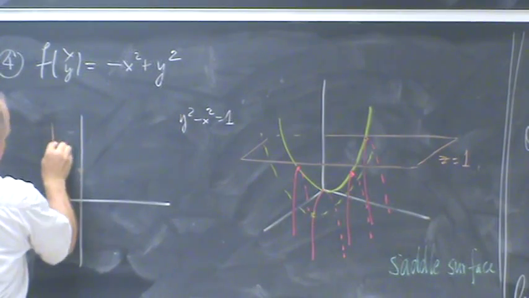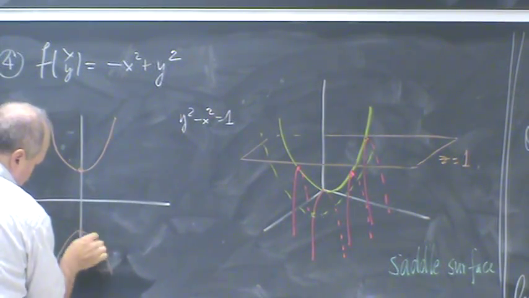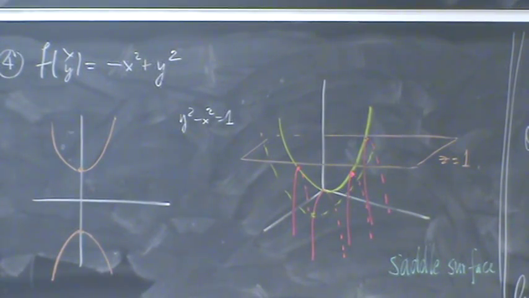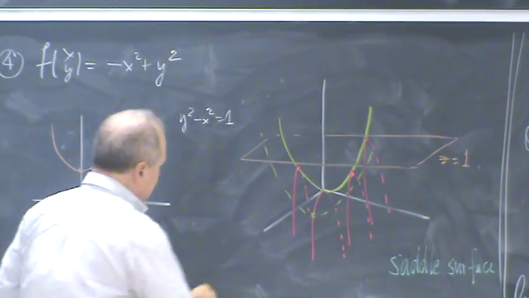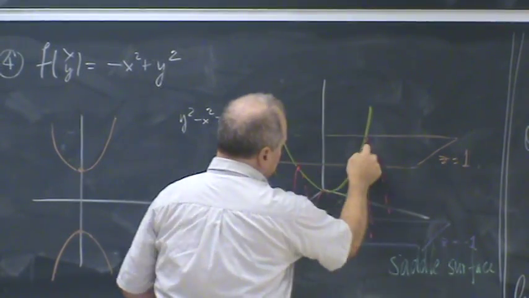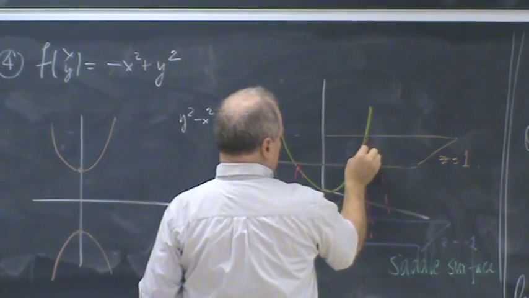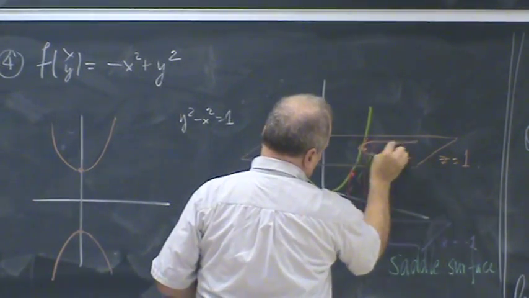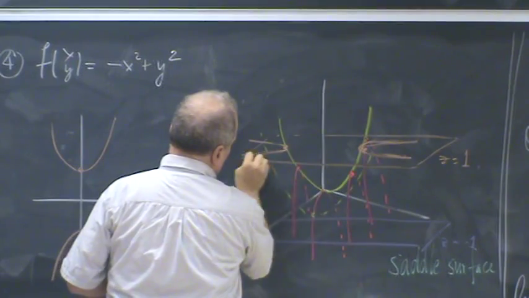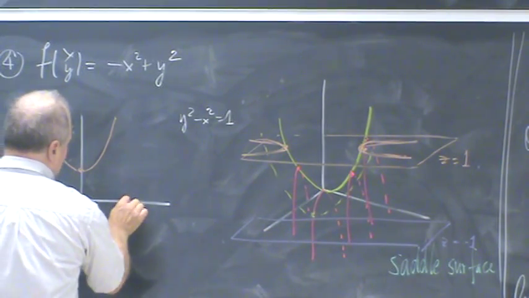That looks like this. What if you slice it at negative 1? So in this picture, the hyperbola you just told me to draw looks like this. What happens when I slice down here? It's the opposite. It looks like this now.